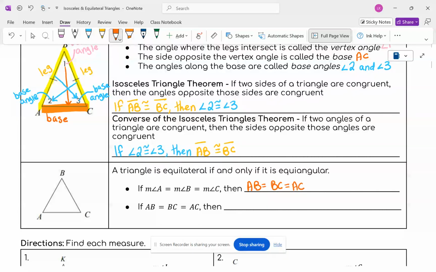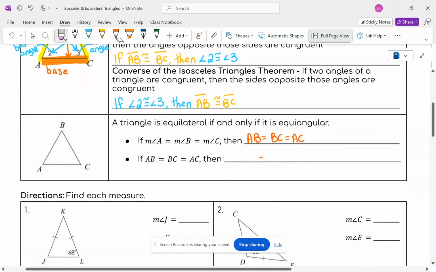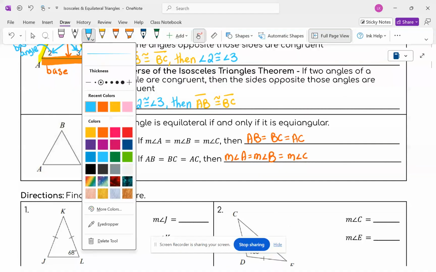If AB equals BC equals AC, then the measure of angle A equals the measure of angle B equals the measure of angle C.